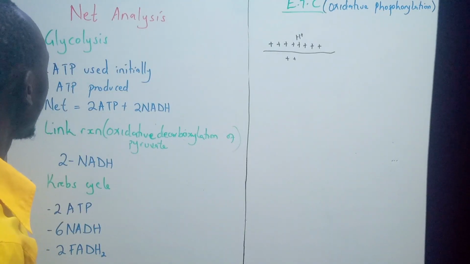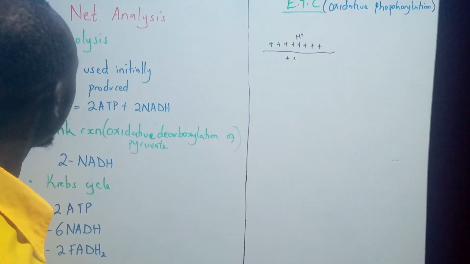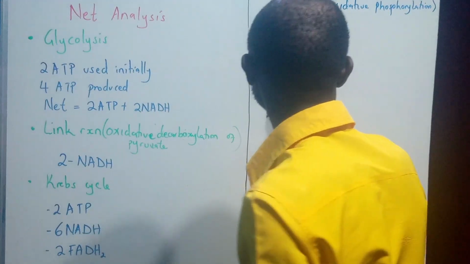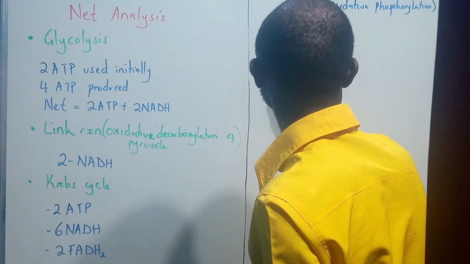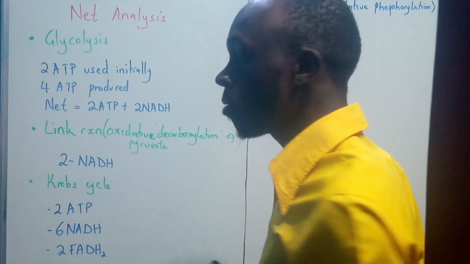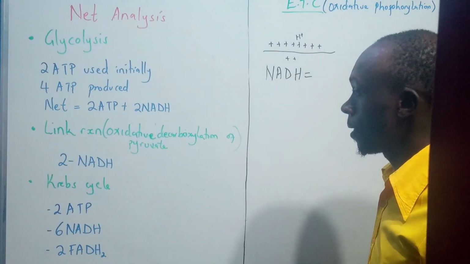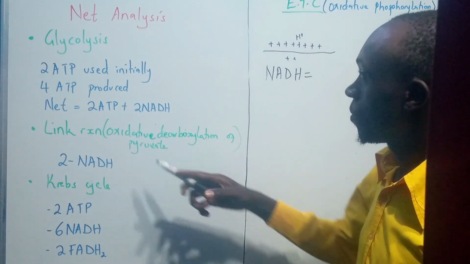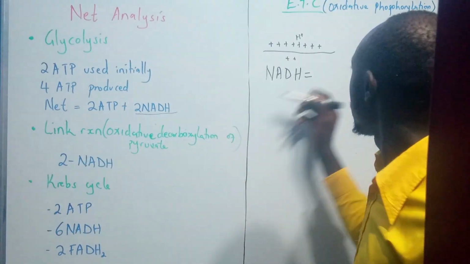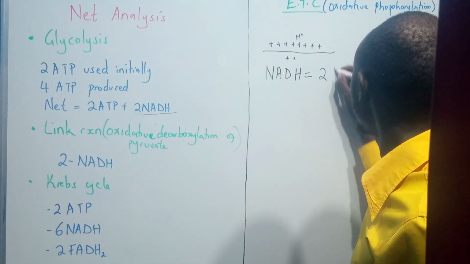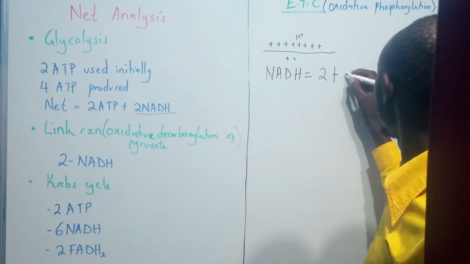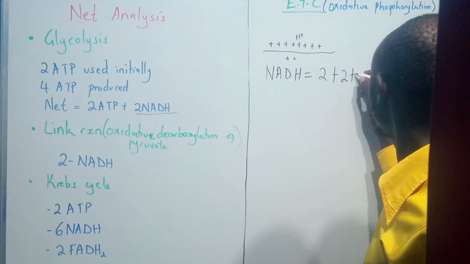But before that, we can first look at the total NAD that enters into the chain. So we can first begin by counting. How many reduced NAD do enter the chain? How many do we have in glycolysis? We're having 2 of them. Then from glycolysis we go to the link reaction, where we have 2 still.